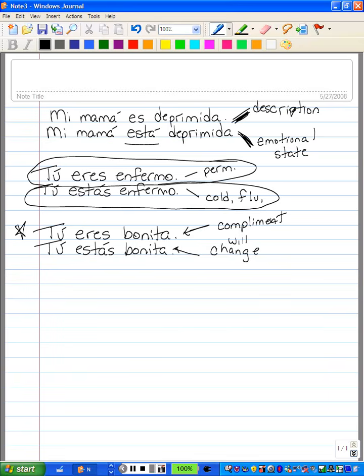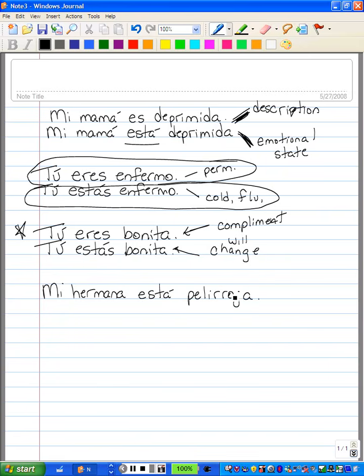Okay? You could say, if someone, let's say that your sister changes her hair color. Alright, you could say, mi hermana está pelirroja.